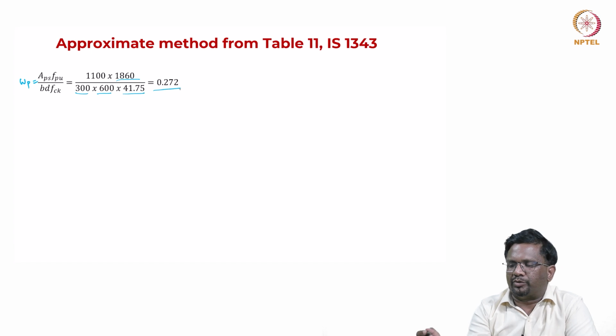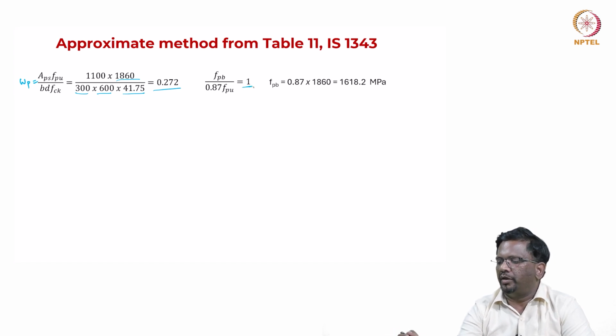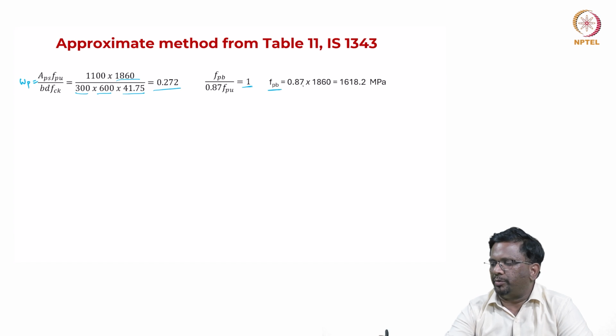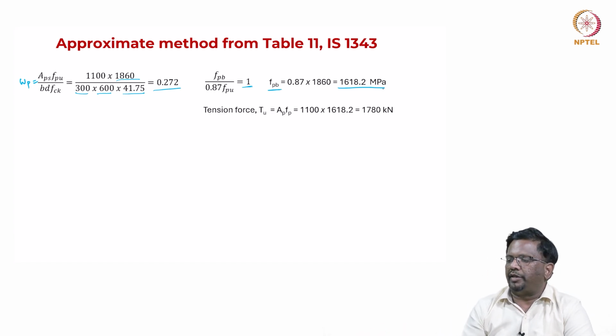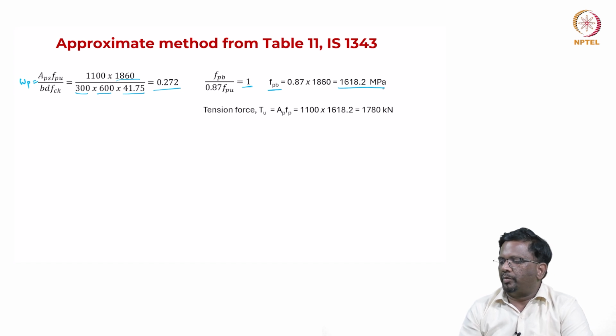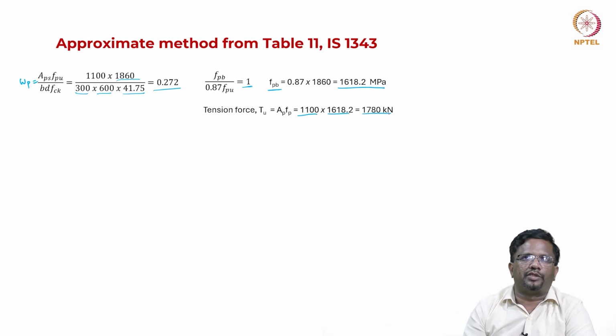So, you get 0.272, and if you go back to the table, for this reinforcement ratio FPB works out to be 1. So, my stress is going to be 0.87 into 1860, which is 1618.2 megapascal. My tension force is 1100 into this, so 1780 kilonewton.